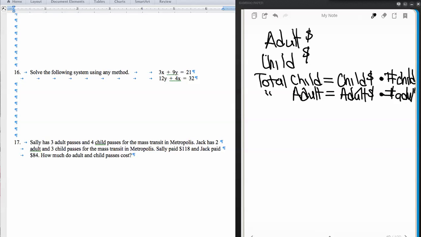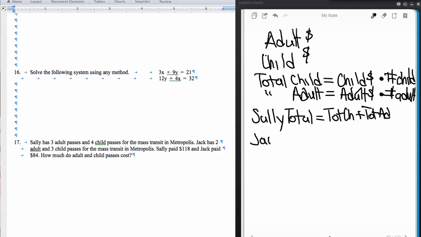And so what we have going on is we have Sally total, being that she has a total child and a total adult. And I'm just abbreviating these very briefly so I don't have quite so much writing to do.